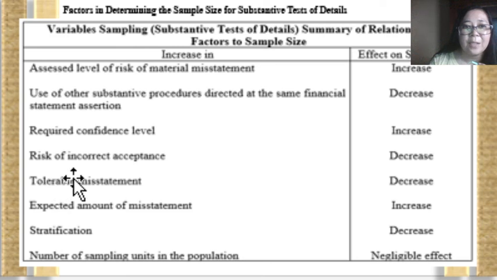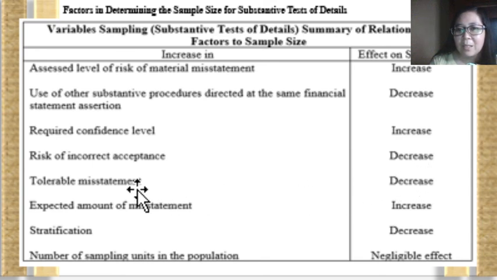Next, risk of incorrect acceptance. If the risk of incorrect acceptance increases, what will happen? The sample size will decrease.